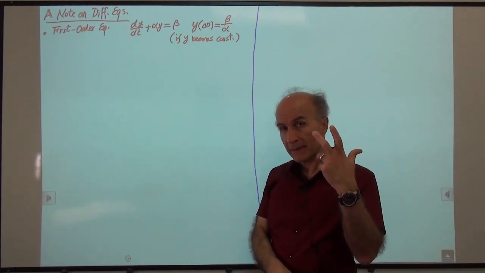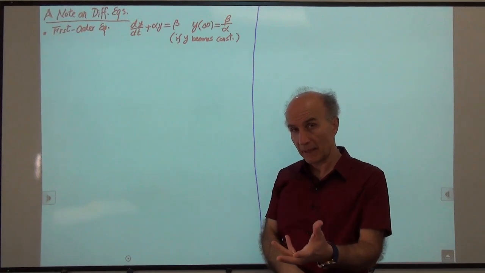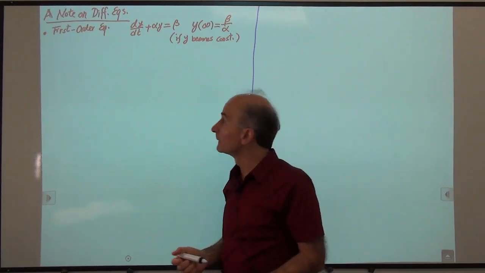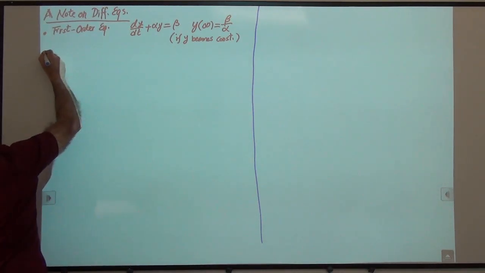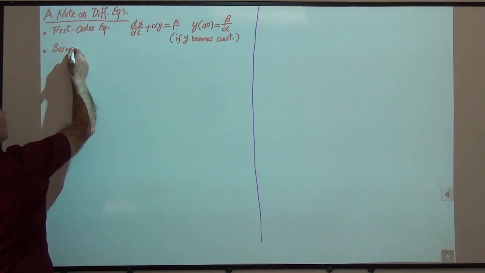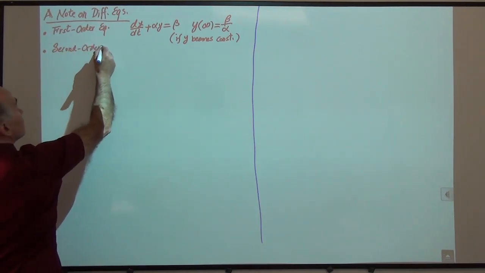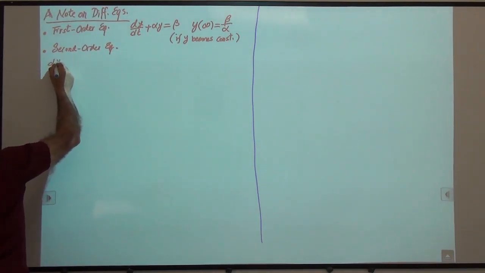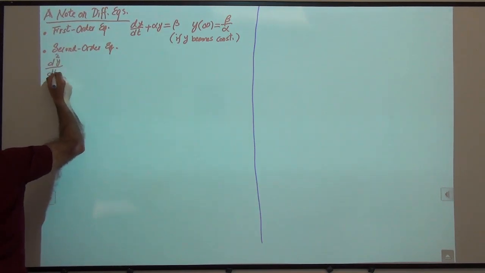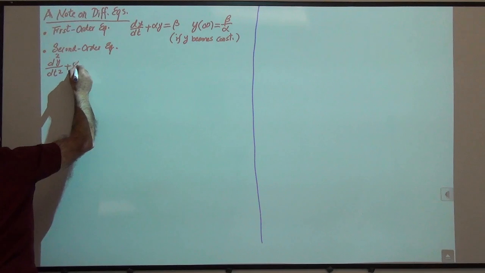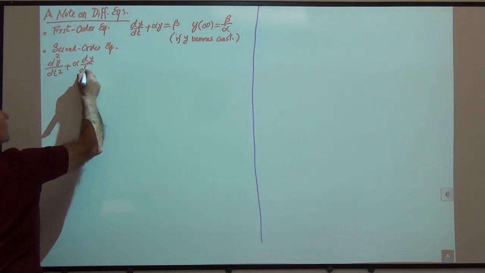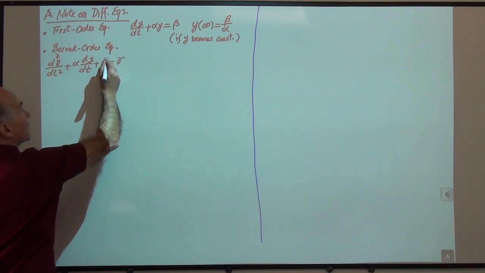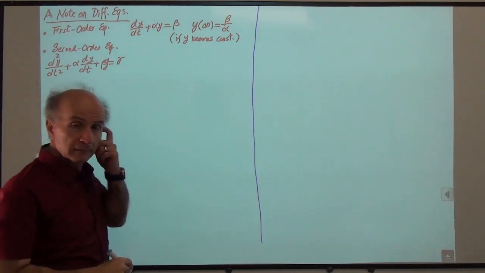So now let's go to the second order differential equation and see what we can say there. Again, when we have an input, of the form, let's say, step. So for a second order differential equation, again, let's write something like this: d squared y over dt squared plus alpha dy over dt plus beta y is equal to gamma, right?